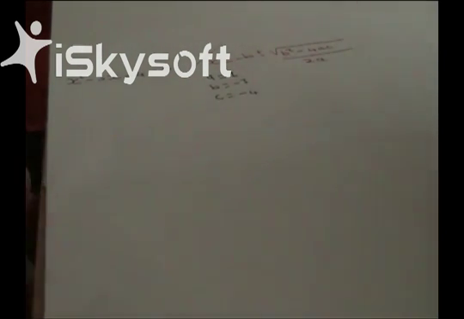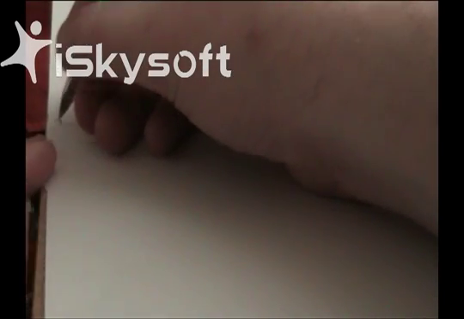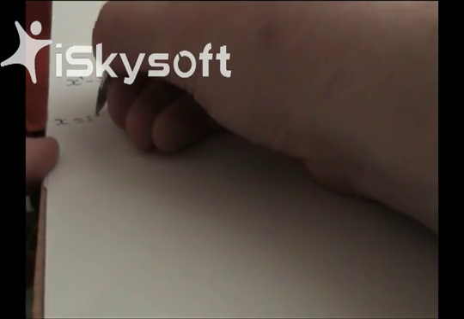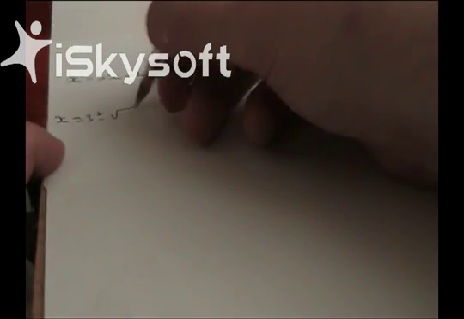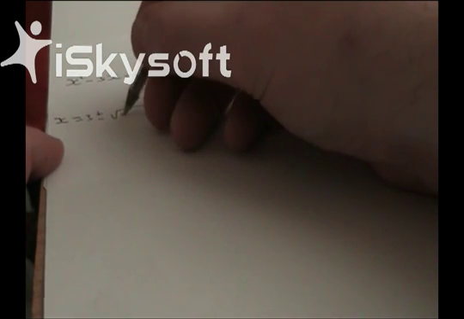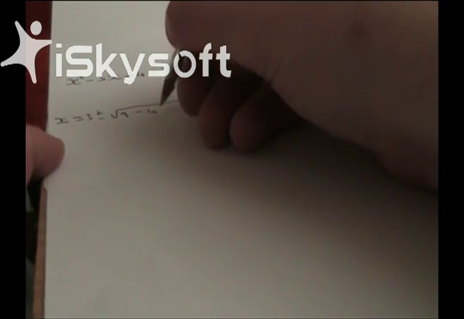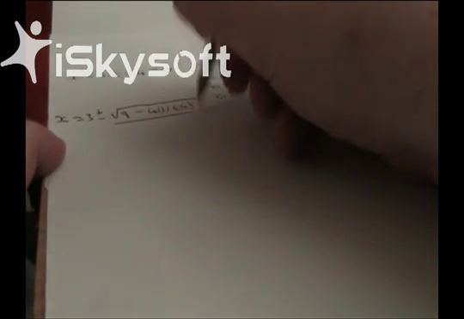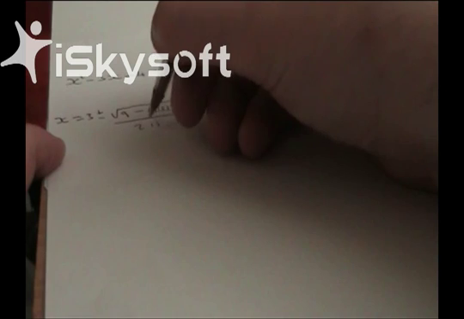Using these values we can put these three values into our formula. So x is equal to 3 plus or minus the square root of 9 minus 4 times 1 times minus 4, all over 2 times 1.